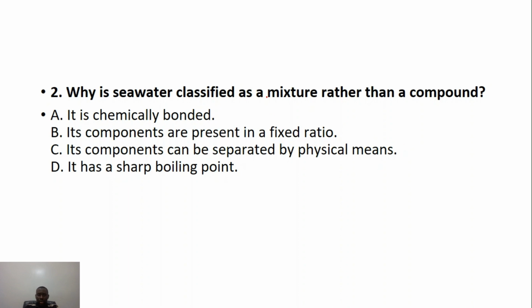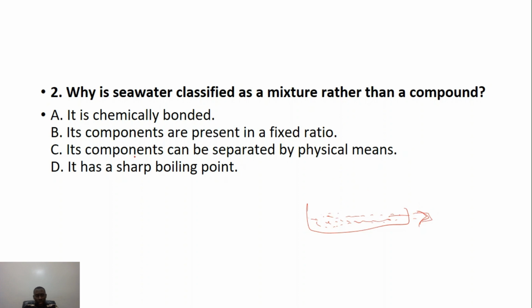Let me quickly talk about seawater, for those of us that may not have the experience of what it is. Seawater usually contains salt. It's usually salty. If you have been close to the sea before and you taste the water, it contains salt. So it's impure water.